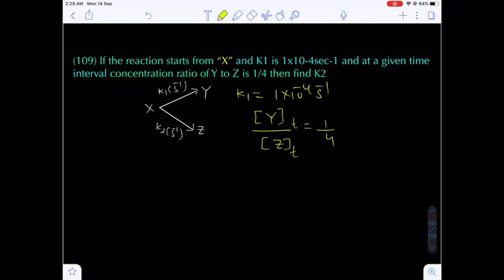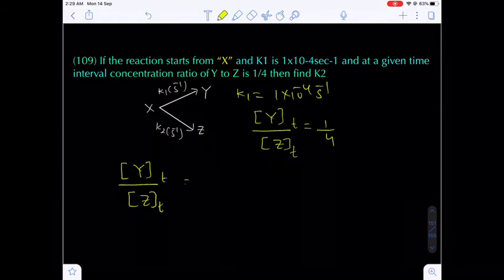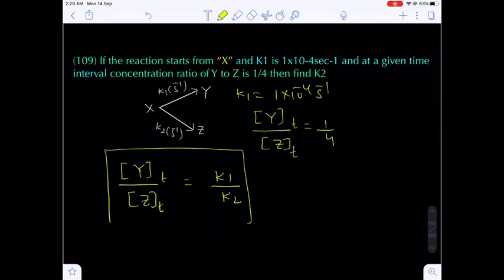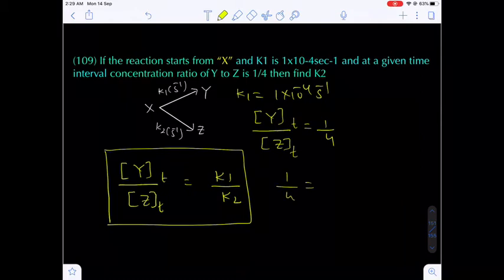Find K2. Already I told you the concentration of Y divided by the concentration of Z at any time interval T will be in the ratio of their rate constants. And one more important thing, the stoichiometry is 1:1, so there is no need to write the stoichiometry. The ratio is 1 by 4.